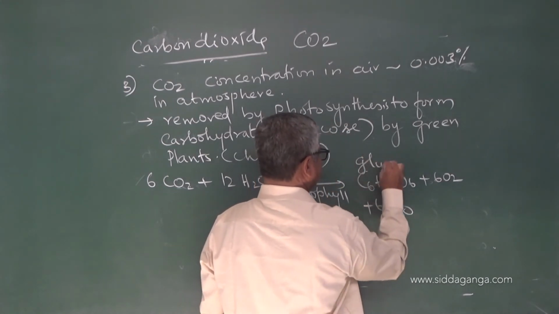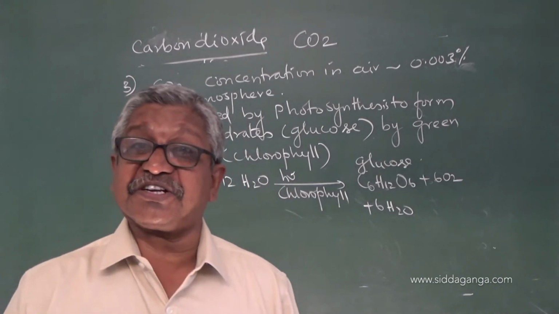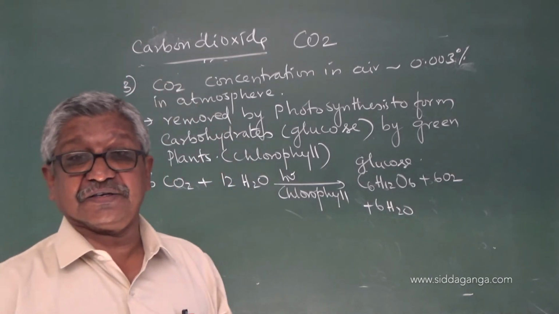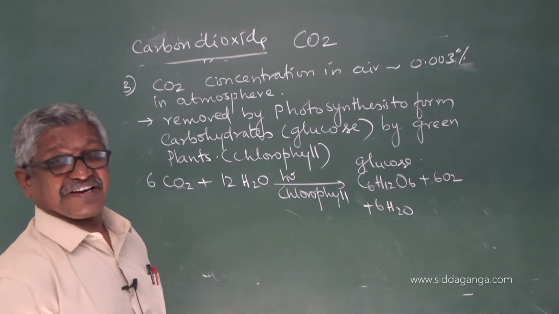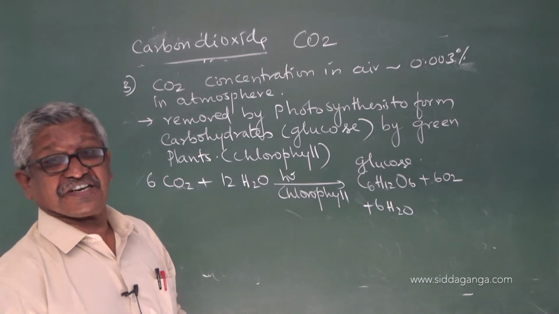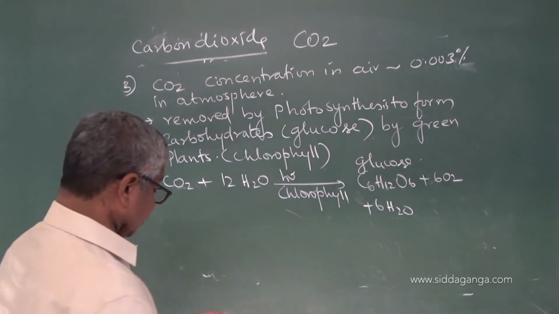So this is glucose formed by absorption of carbon dioxide by green plants. By absorbing the sunlight, it is getting converted into carbohydrates, particularly the monosaccharide glucose.